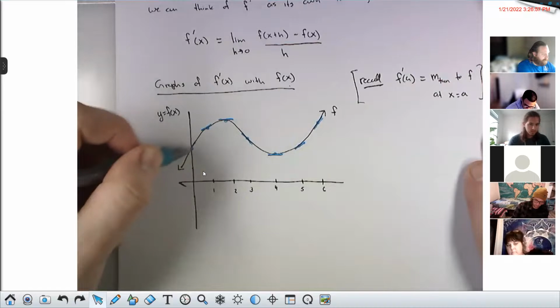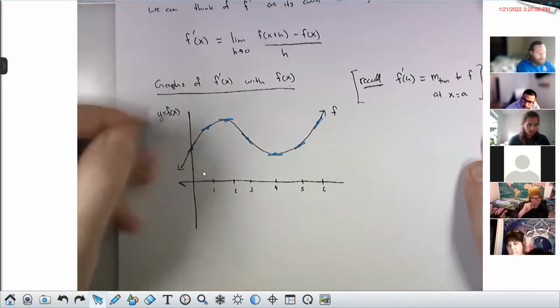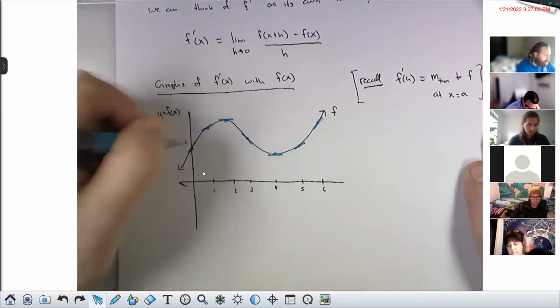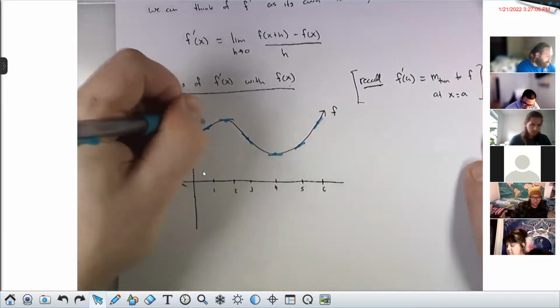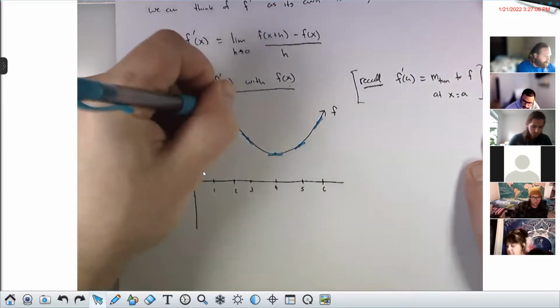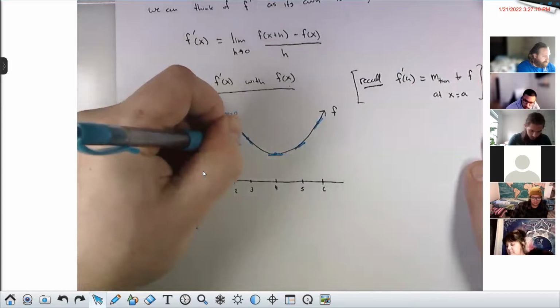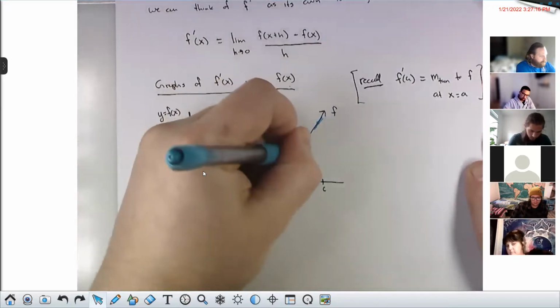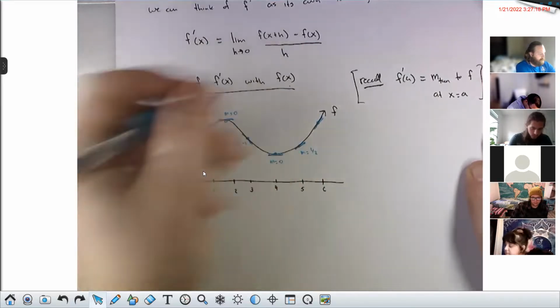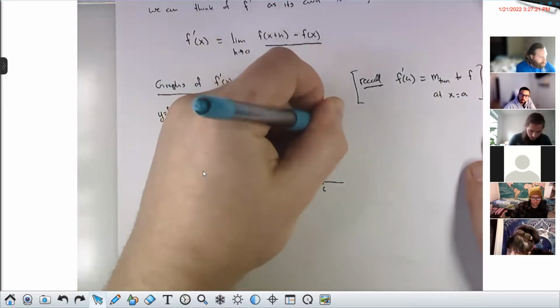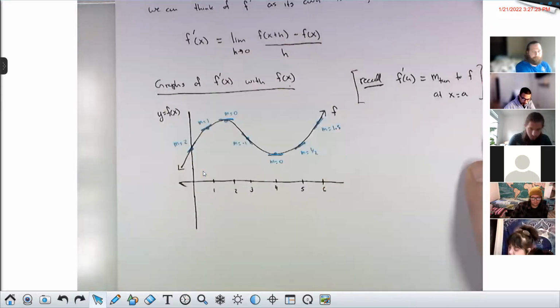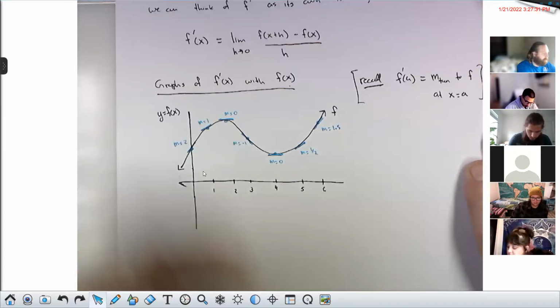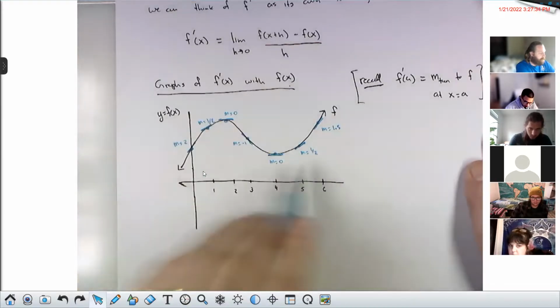So this guy looks to have slope like maybe 2, right? This guy has slope maybe 1. This has slope 0. This has slope like -1. This has slope 0. This has slope maybe like 1/2. It's kind of shallow. And this has slope maybe 1.5, something like that. In fact, let me go back and edit this to 1/2 because it looks to be about the same as this one.